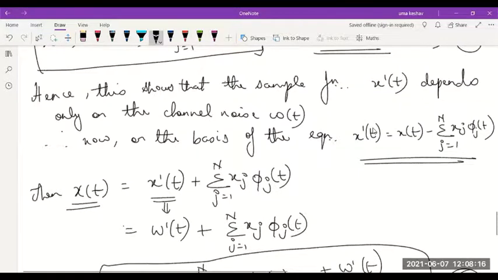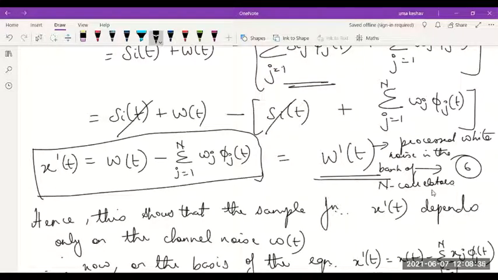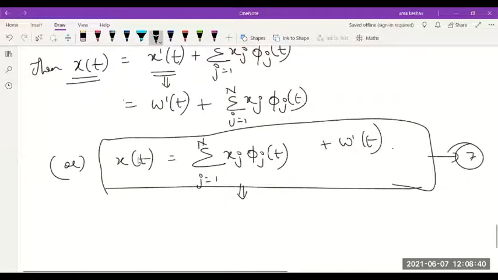If you want, you write here: represents the processed white noise in the bank of n correlators or product integrators. So I can write the received signal as a sum of that processed white noise and a sum of the actual signal.